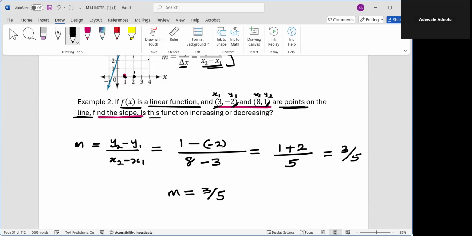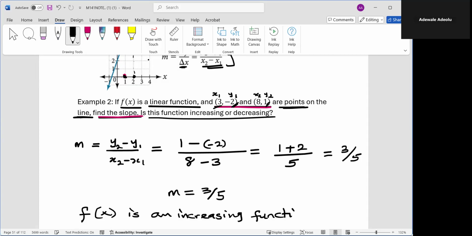Now the second part: is the function increasing or decreasing? Well, f in this case is an increasing function. How do I know that? Since the slope is positive.